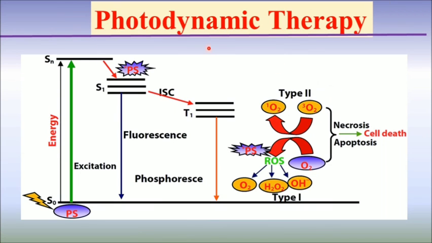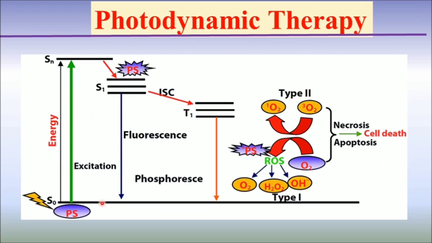How is ESR spectroscopy useful in photodynamic therapy? For example, photodynamic therapy is used for cancer cure. In this photodynamic therapy, the photosensitizer drug in the presence of light is excited and transfers its energy to triplet oxygen to give singlet oxygen, which is highly energetic and causes cell death.